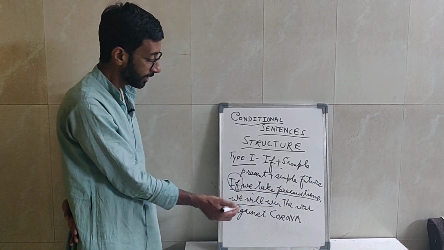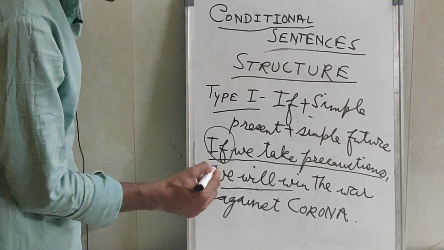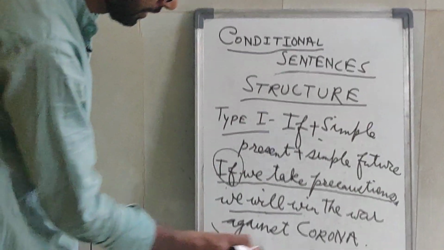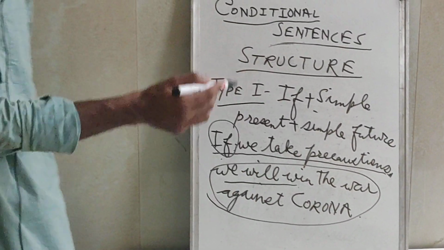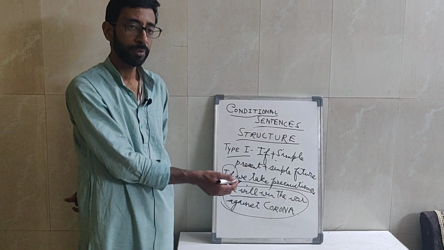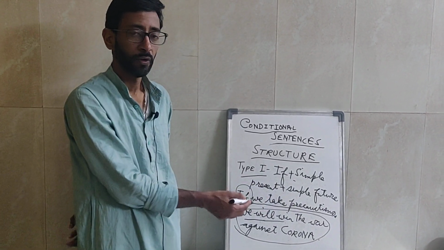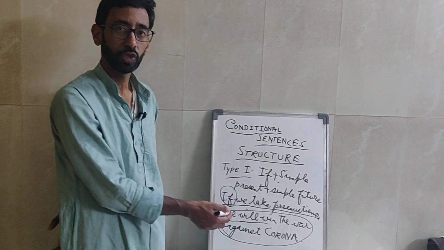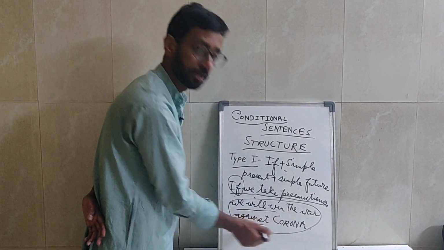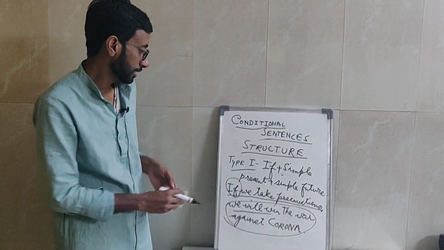If the first condition is completed, then as a result the second condition will follow, and I am quite sure that in this war against corona, if we take simple precautions like keeping social distancing and following each and every guideline which has been issued by the government, we will surely win this war against corona. So this is called the first type of conditional sentence.